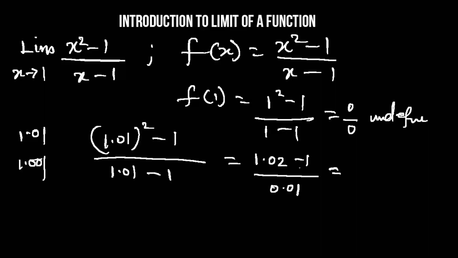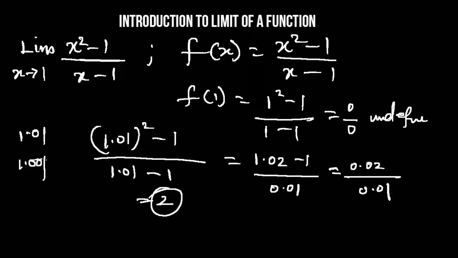So if this is what I have, then this is 0.02 divided by 0.01. So when you say 0.02 divided by 0.01, that should give us 2, right? That means the result I have here is 2.